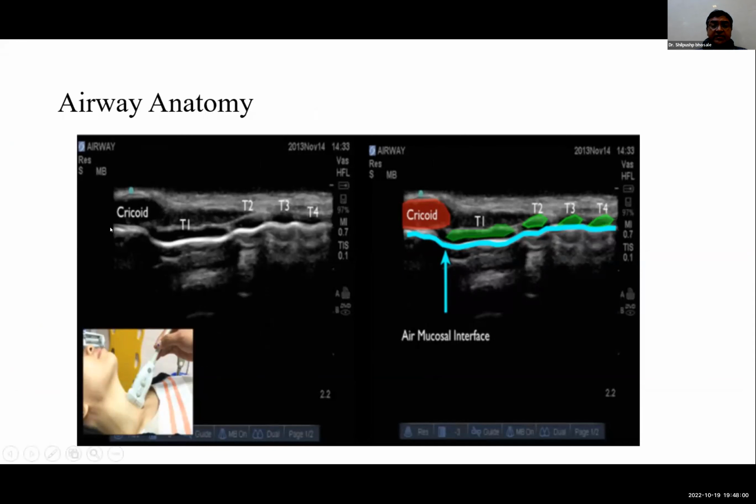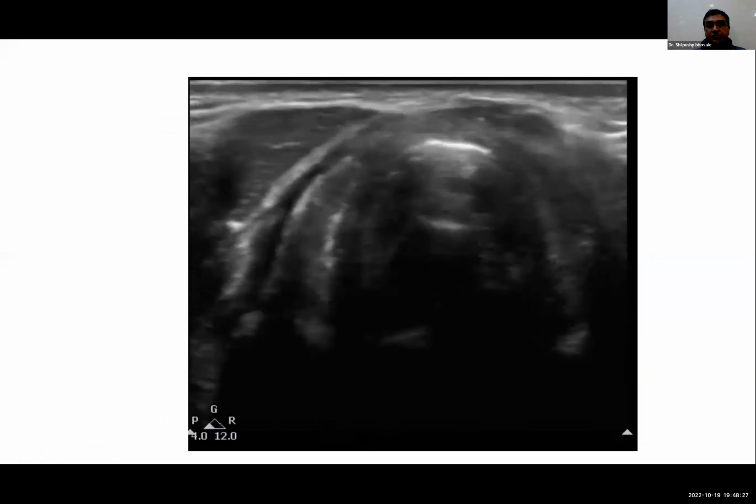Once you identify this, similarly, like we saw in the earlier image, this white shiny structure is the air mucosal line. The interface where the air and mucosa interact causes this hyperreflective surface, and the artifacts that are produced at this air mucosal surface are generally described in terms of the signs of ultrasound.